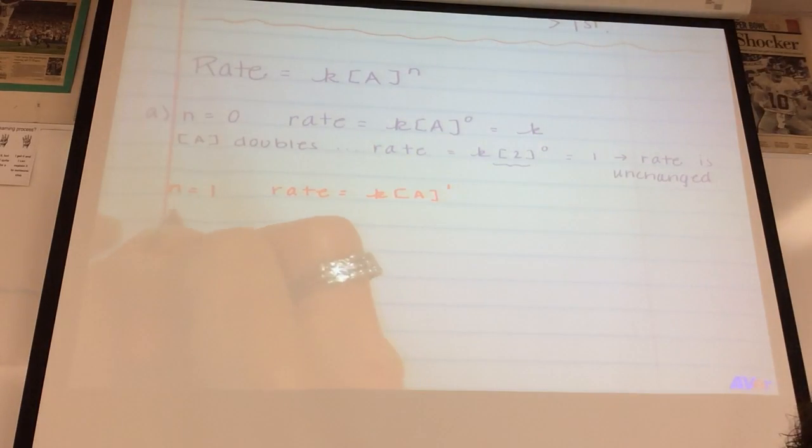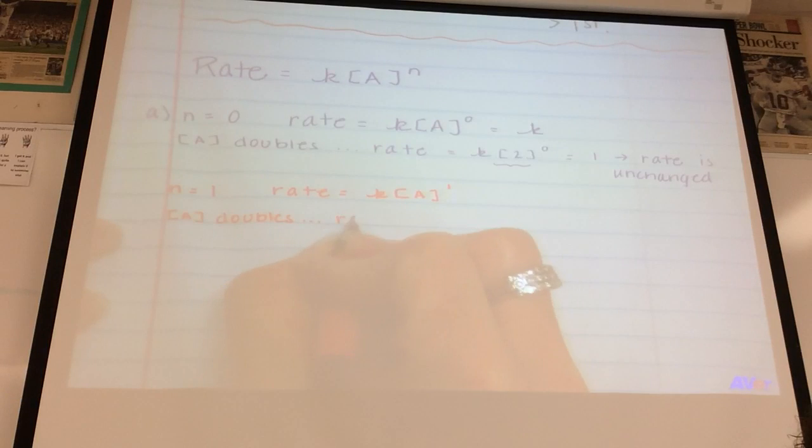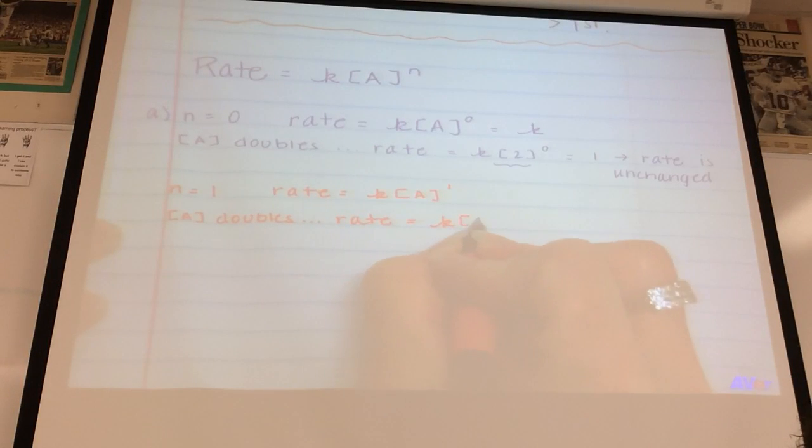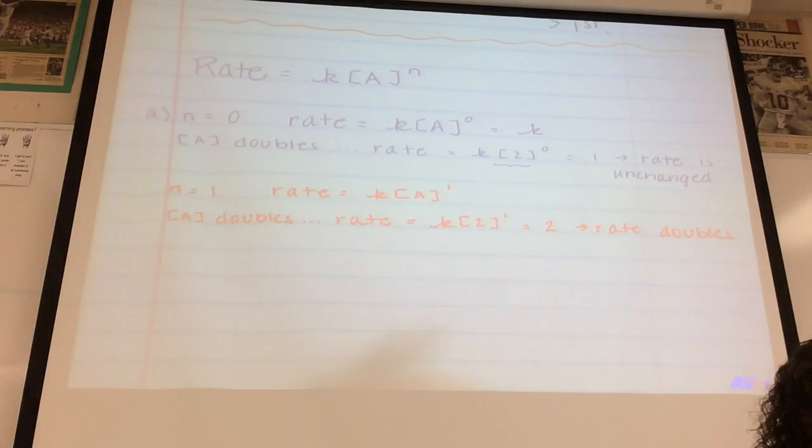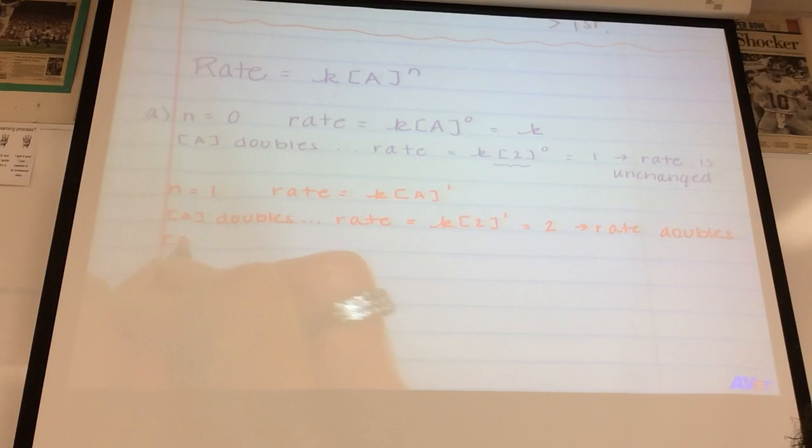So now, if the concentration of A doubles, the rate is equal to k, 2 to the first power is 2. So the rate doubles. So here, whatever you do to the concentration, you do to the rate. Let's say the concentration of A quadruples.